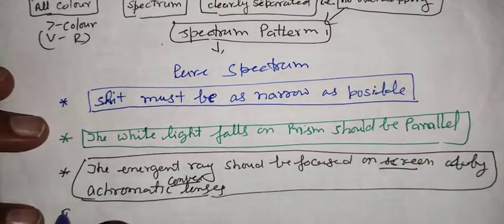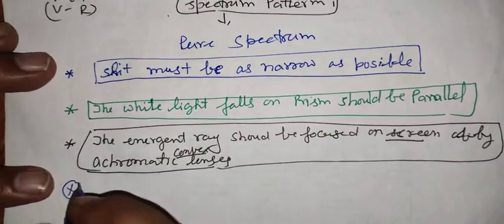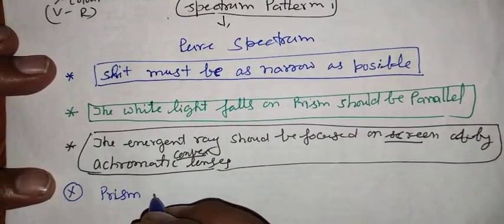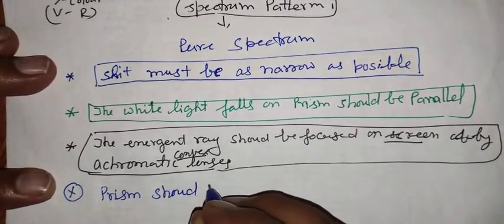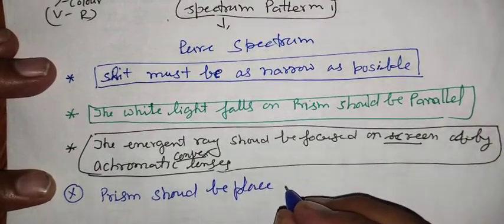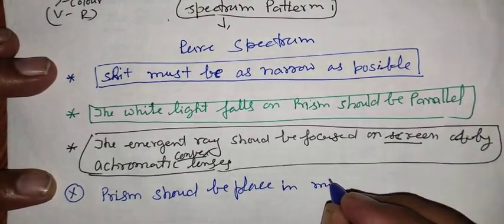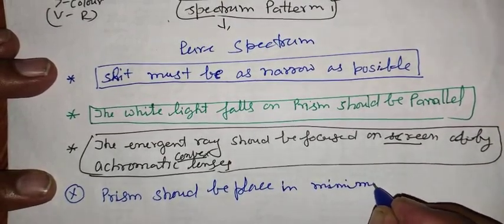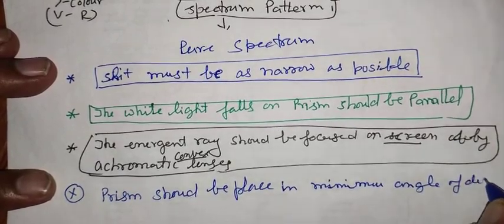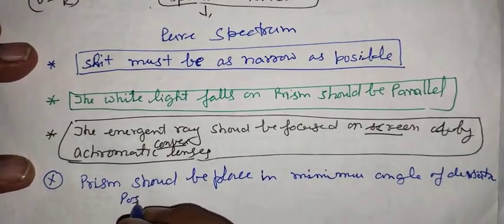And finally, see the last condition. In the last condition, the position of the prism should be placed in the minimum angle of deviation position.